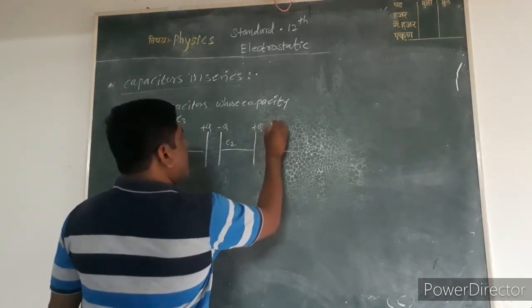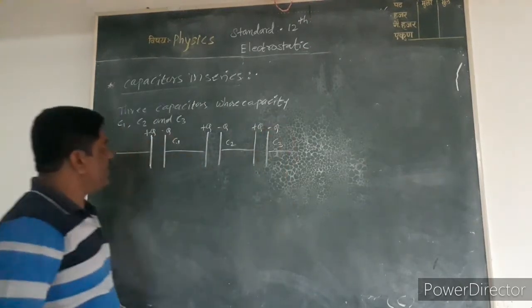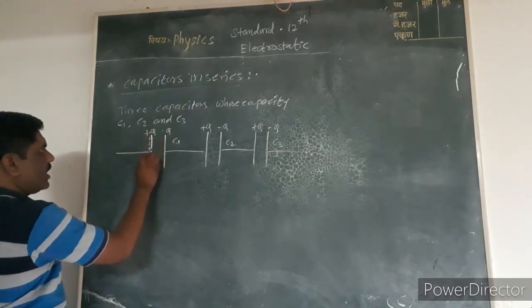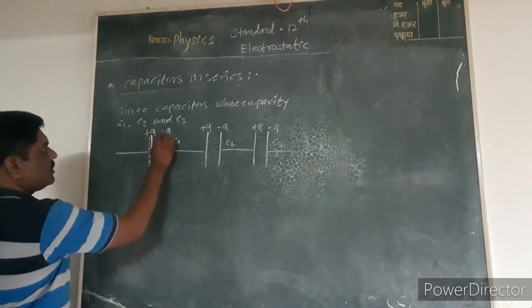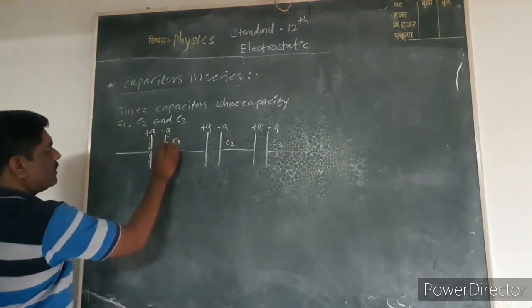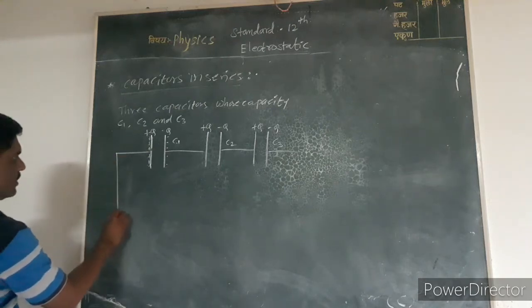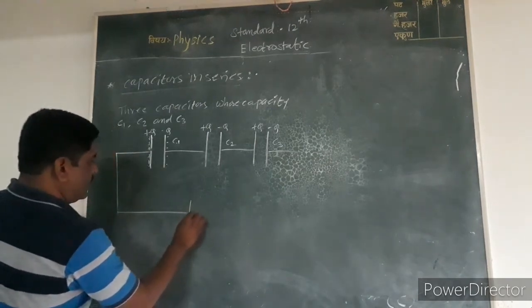C3, positive charge, negative charge. That means all these plates carry positive charge, and this is the negative charge.